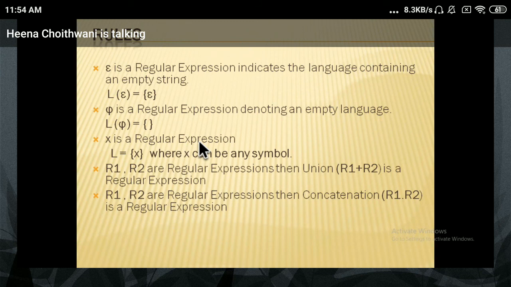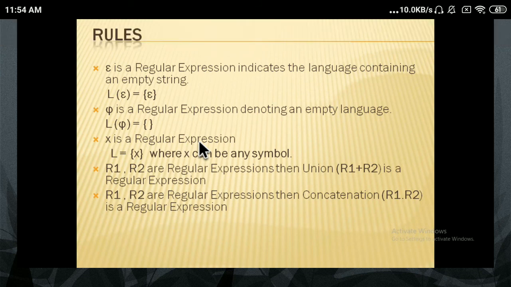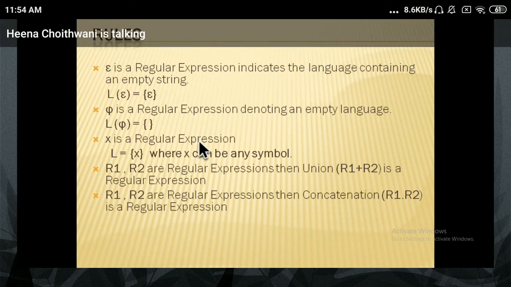Yes, what do you mean by concatenating a string? You remember we have seen the definition of concatenation of two symbols.